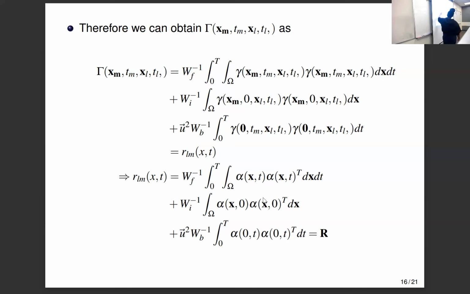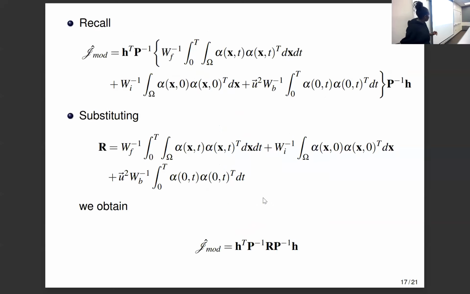Therefore, this is equal to our expression in the J mod of Q hat, and substituting for this with big R, we obtain the model penalty with respect to Q hat as H transpose P inverse R, P inverse H, where H and P still hold the previous definitions we defined earlier.